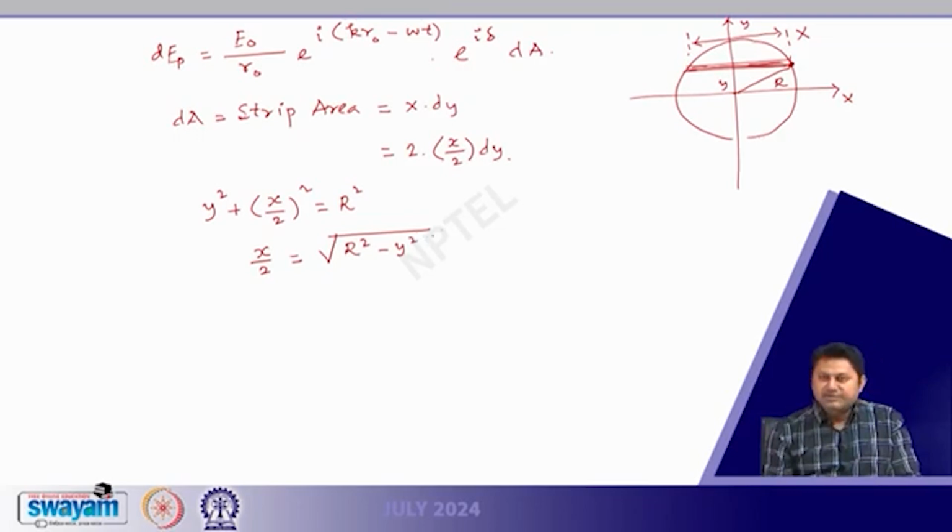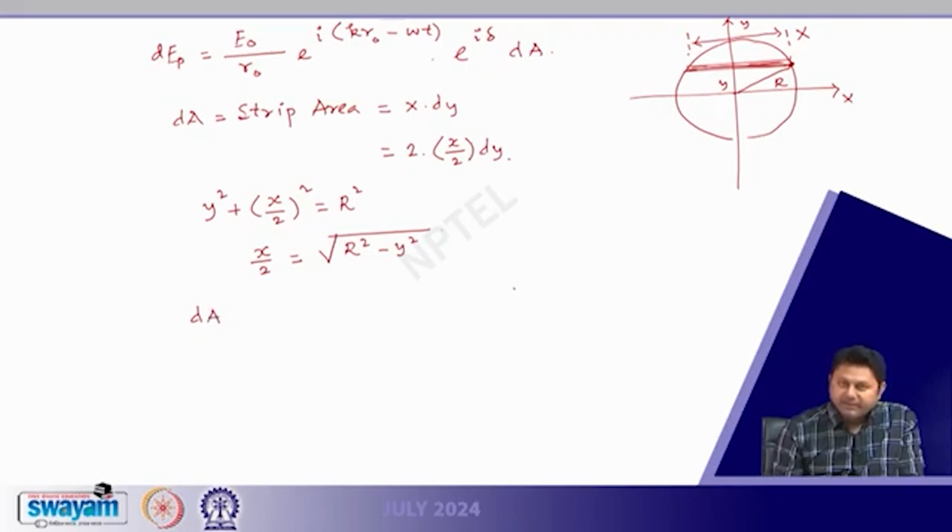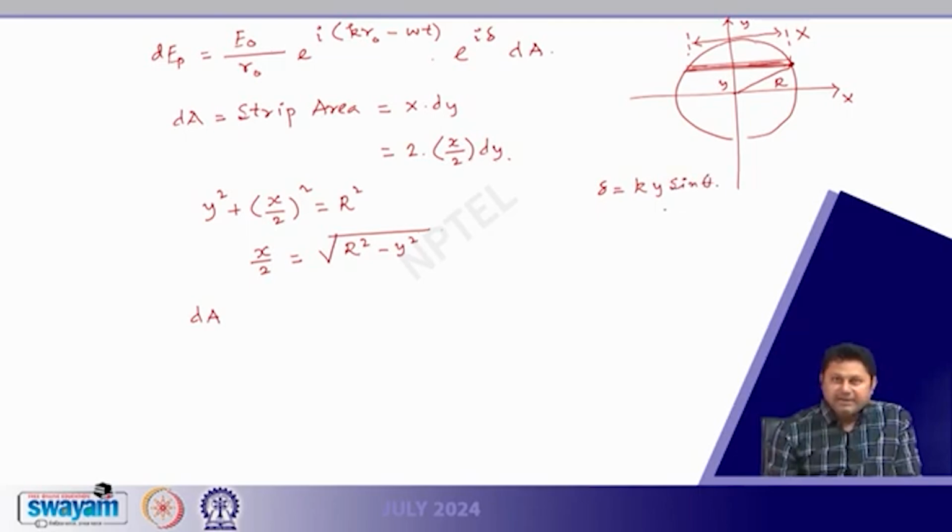That is the relationship we already have. So, that relationship if I put here in the expression of dA, then everything will be in terms of one variable, and that variable is y, that we want, because in the delta, mind it, delta was k y sin theta.